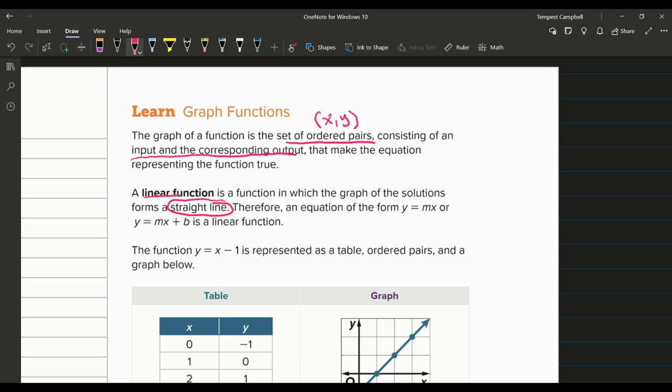We've talked about this before. Therefore, an equation in the form y equals mx, remember this is directly proportional, goes through the origin, 0, 0, or we have y equals mx plus b, where m is our slope and b is our y-intercept.